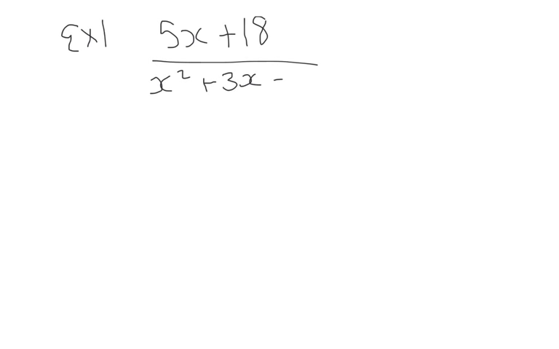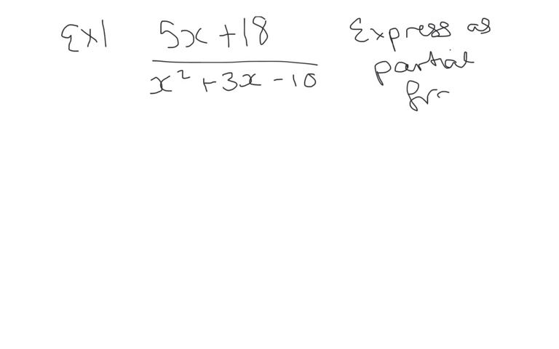Example 1. Express (5x + 18) all upon (x² + 3x − 10) as partial fractions. Before we start, we have to factorise the denominator.